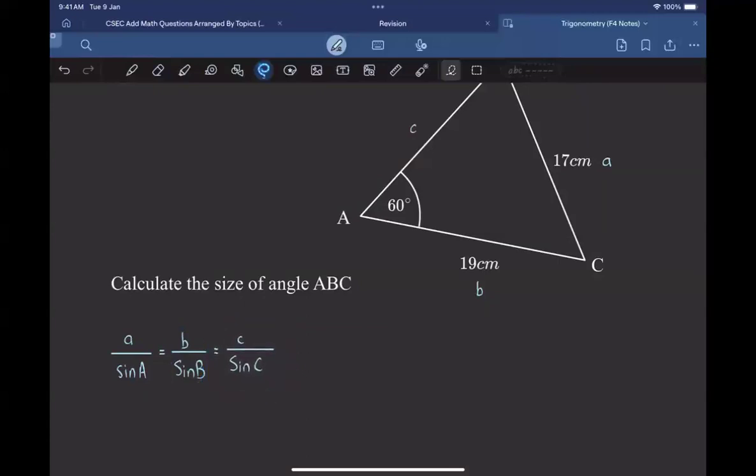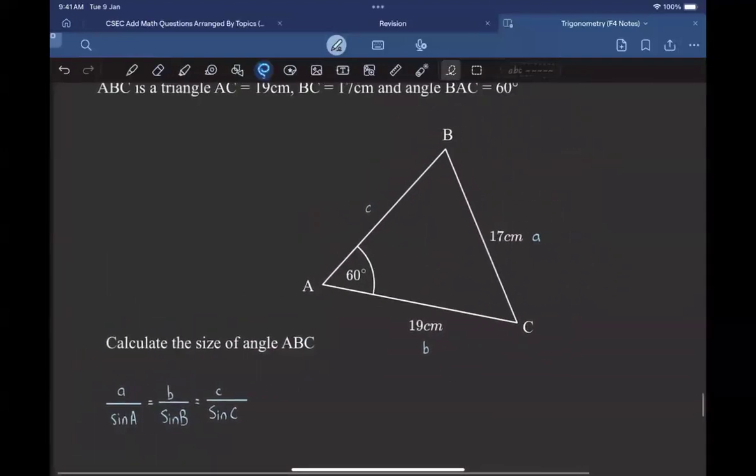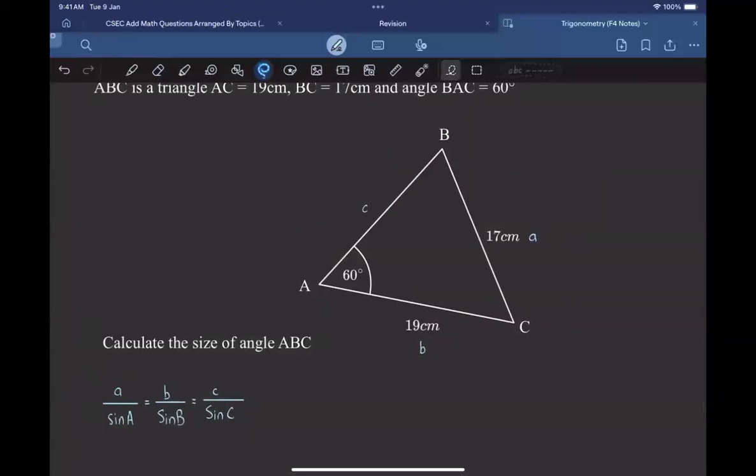Now you have to choose two out of the three. Which two are you going to choose? A and B. Why are you choosing A and B? You gotta give a reason: because they didn't give you the length of AB, which is small c, and you don't know the angle.